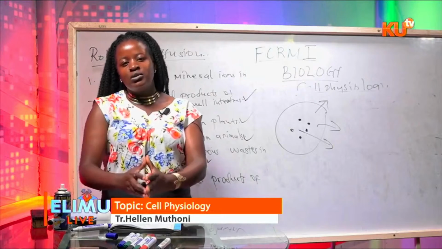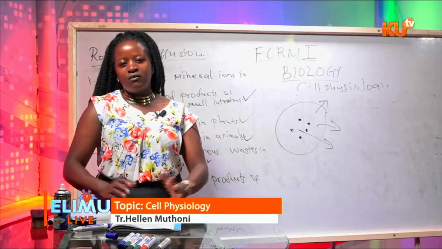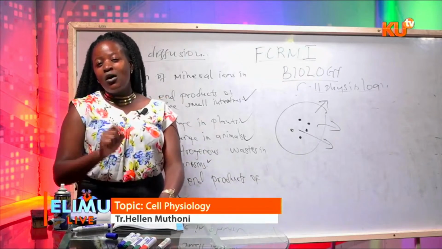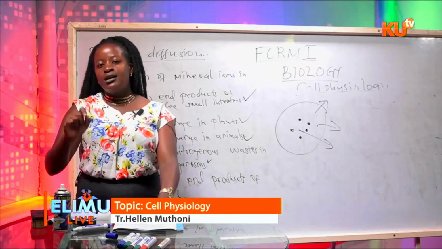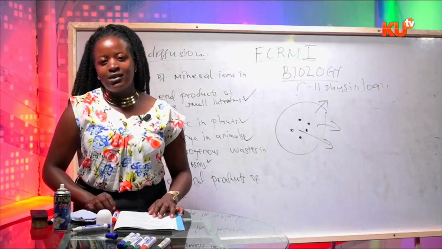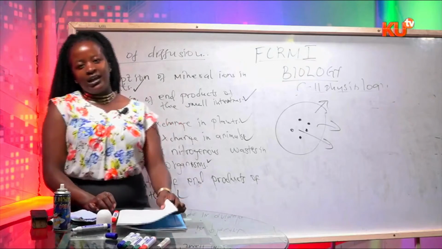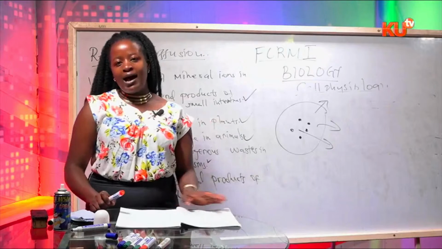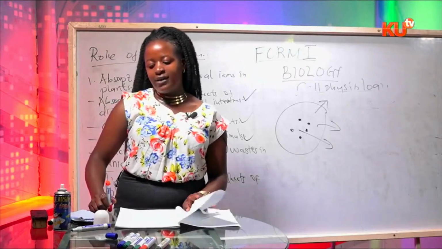It has to be transported to other parts of the plant. What aids this translocation is the process of diffusion. So that is it with the role of diffusion in living organisms. And with that, you can be able to answer any question in diffusion.